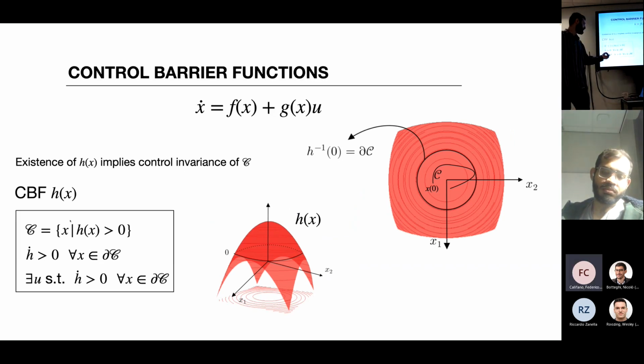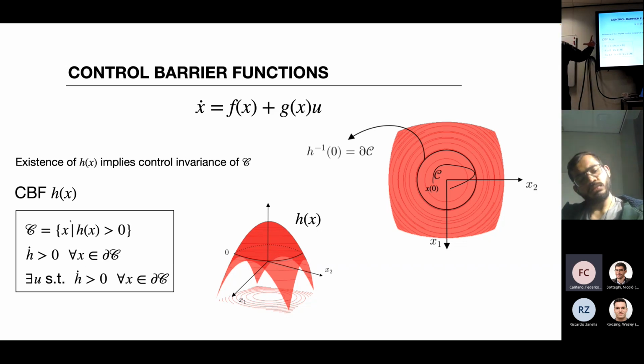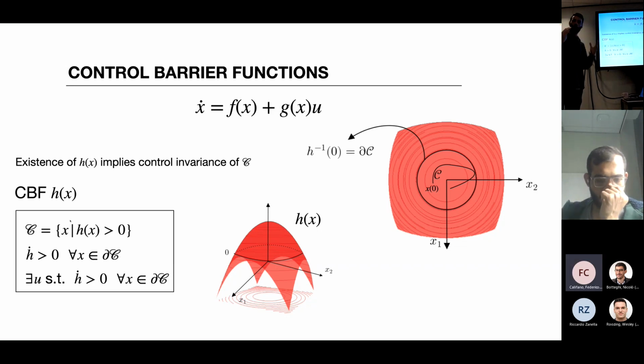And instead, here is very different. Here we have h dot greater than 0. Before it was less. Here it is greater, but only at the boundary of a safe set. So it seems very different. The way to understand how deeply connected they are requires going to the case of exponential decay.